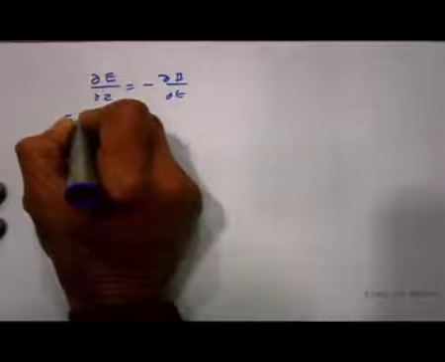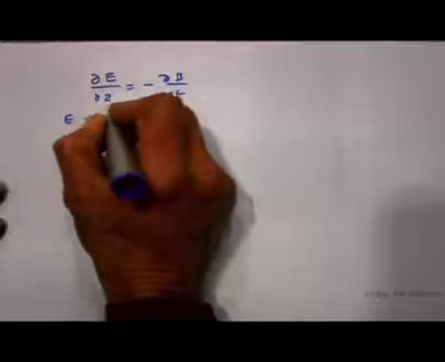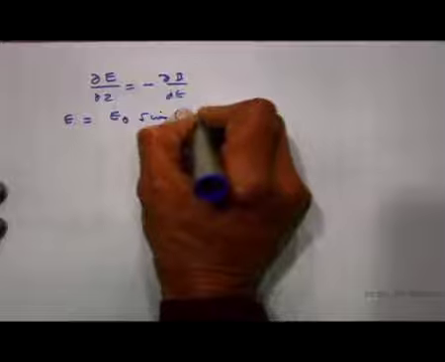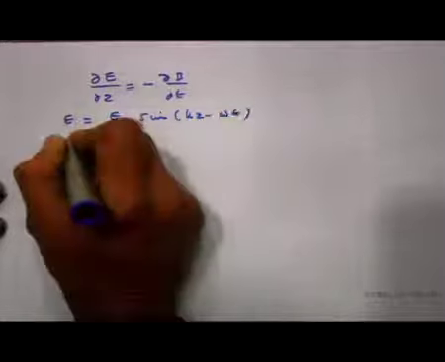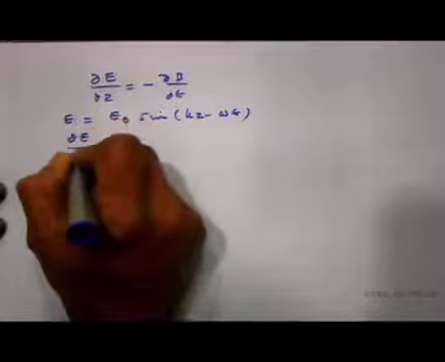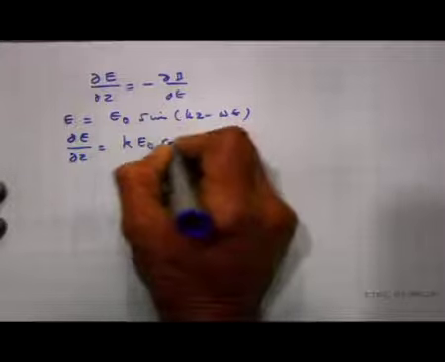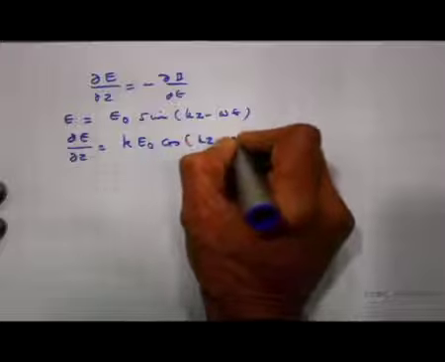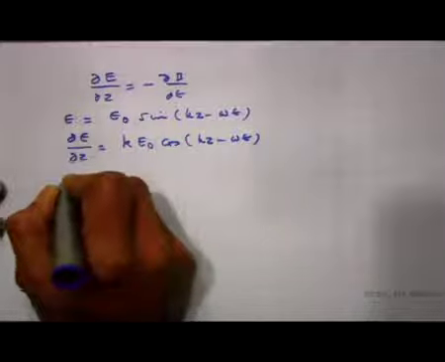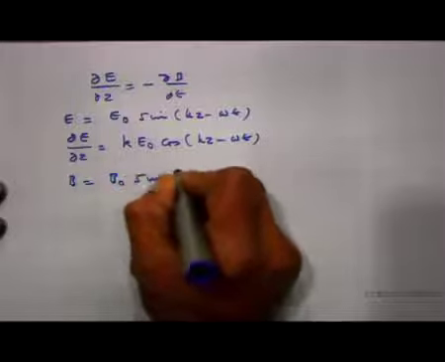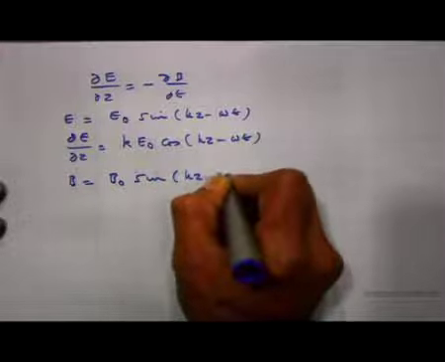Now, E was equal to, in the scalar form, E naught sin(kz minus omega t). So, del E by del z is equal to k times E naught cos(kz minus omega t). B was equal to B naught sin(kz minus omega t).